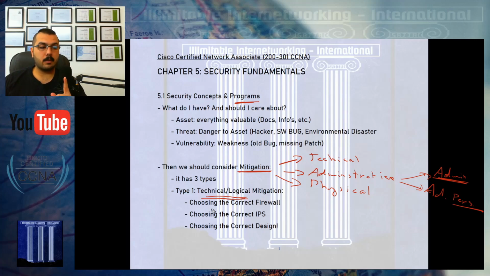Step number 1 is about choosing the correct firewall device for your network. You can reach this level of choosing the correct firewall from studies. You need to study this. You need to use the internet.